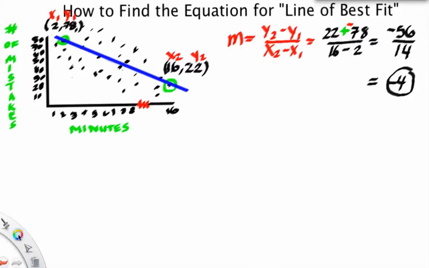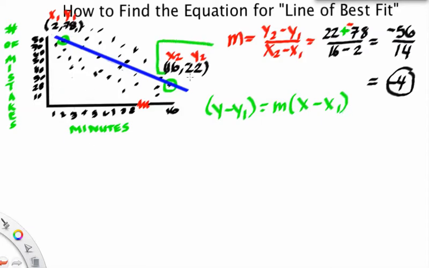So now what I must do is take my slope and use point slope form, which is written y minus y1 equals m times x minus x1. And I actually might use this one that was x2 y2 for my x1 y1 term in point slope form, because these are better numbers, at least in my opinion, 16 and 22, than doing something that's got 78 in it.